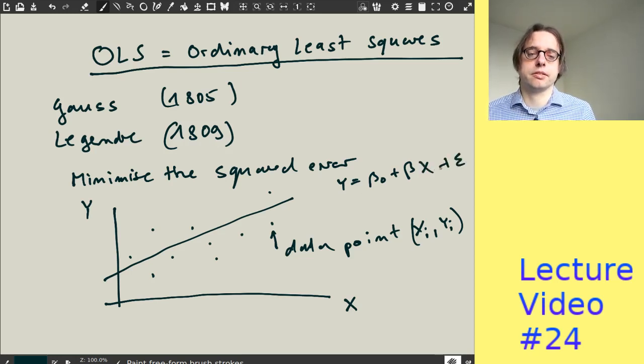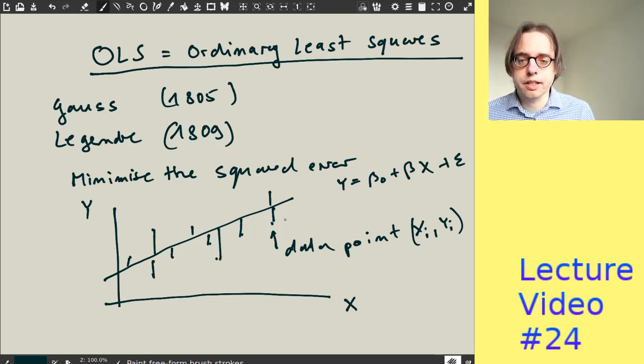beta naught plus beta times x plus epsilon. So that's our regression model, and what we're trying to fit is the squared difference, the deviation from this predicted curve. So these differences here. When we fit this, we actually have estimated quantities.